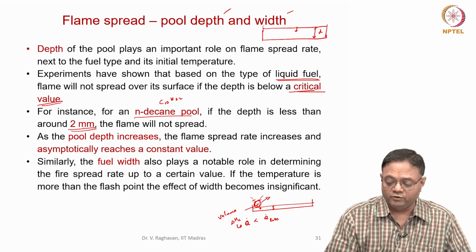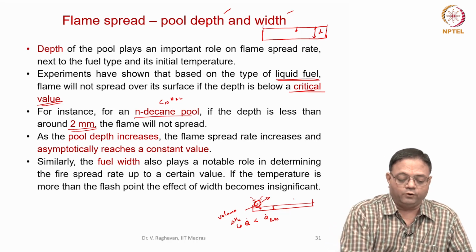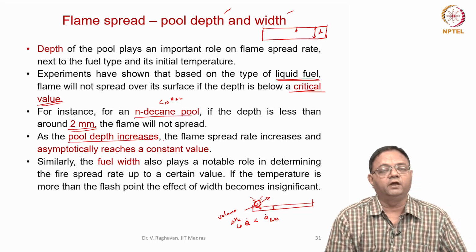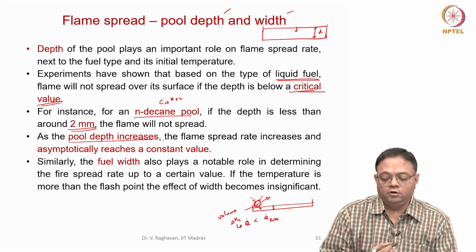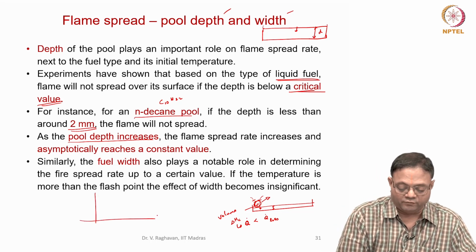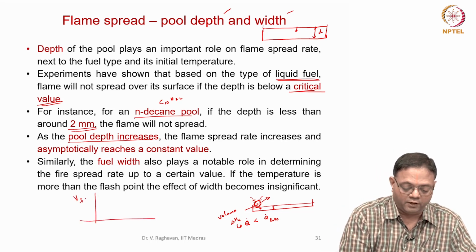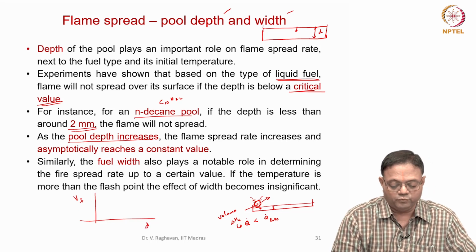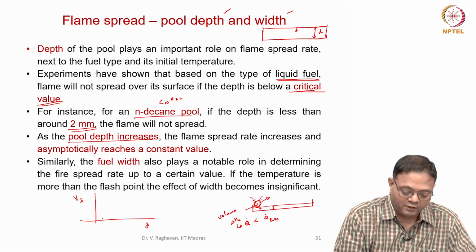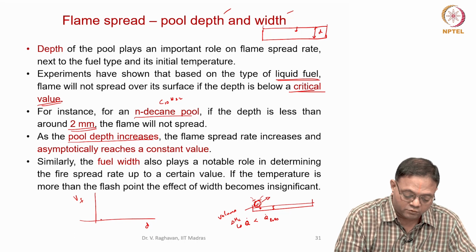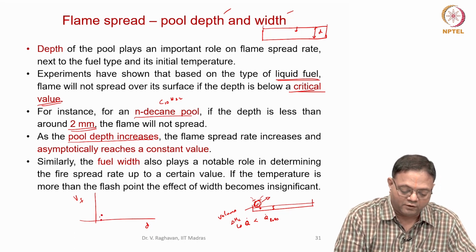Now what happens from a critical depth if I try to increase the depth of the pool? What we see is the flame spread rate increases. So if you try to plot the flame spread velocity against the depth, that is the critical depth, below this the flame spread velocity is 0.